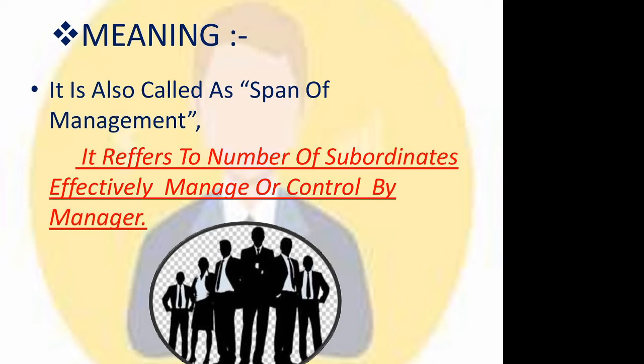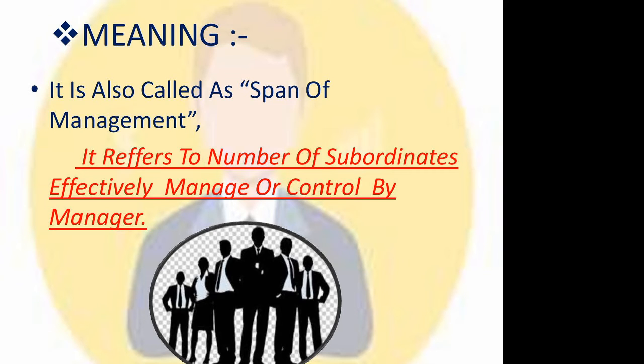So it refers to the number of subordinates. Maximum, in the workplace, one particular manager can have 30 or maximum 40 subordinates, so that they can easily monitor and control the workers, so that it will be effectively managed.